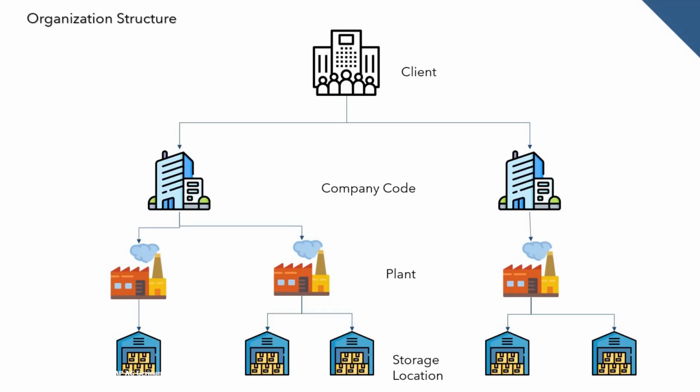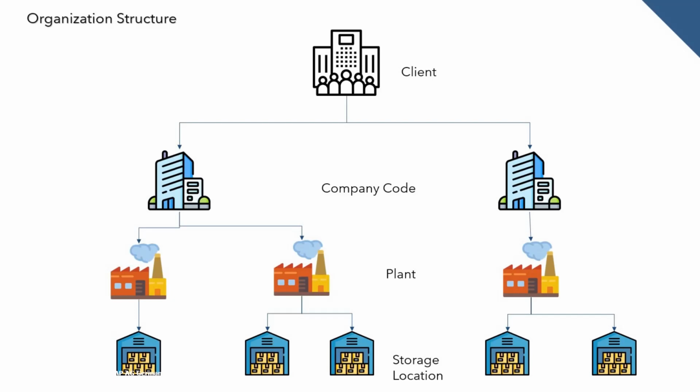So this slide gives you a very simple overview of the organization structure. These terms, client, company code, plant, storage location, we are going to use many times while implementing a project in SAP.